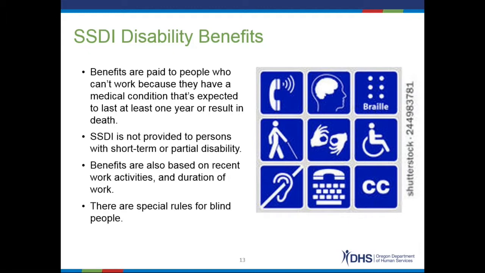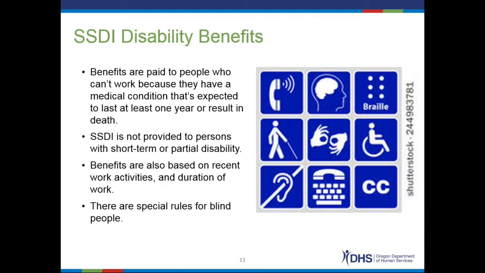Benefits are paid to people who can't work because they have a medical condition that's expected to last at least 1 year or result in death. So maybe someone's been given a 4-year prognosis, they would be able to get SSDI. Social Security disability income is not provided to persons with short-term or partial disability.